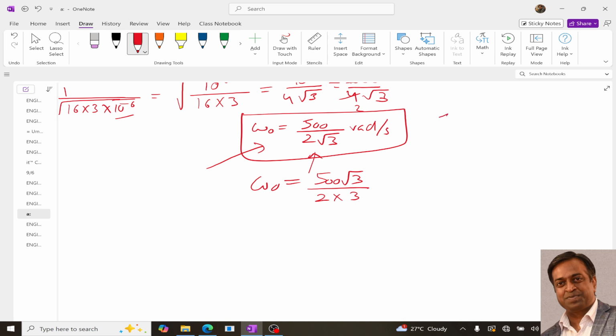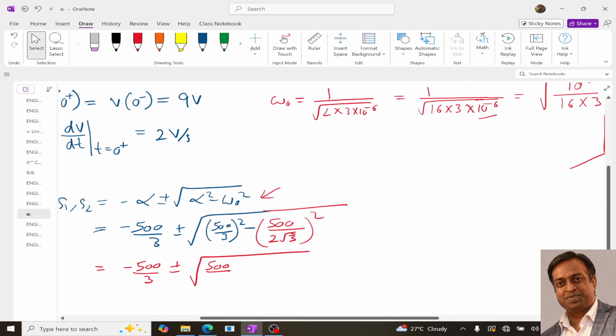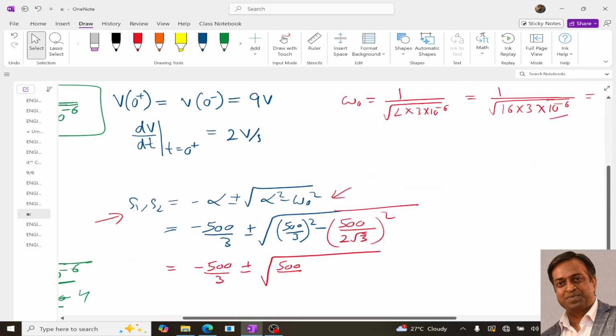I just multiply and divide this by root 3. So I will get 500 root 3 upon 6. Just a minute, yes, upon 6.